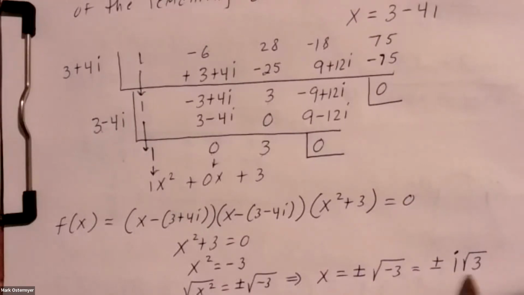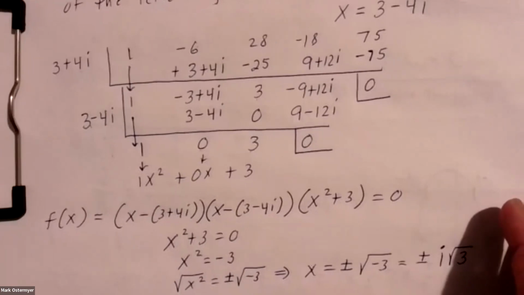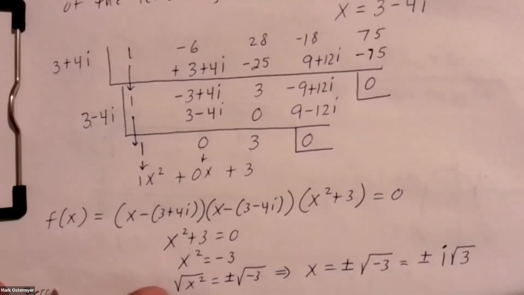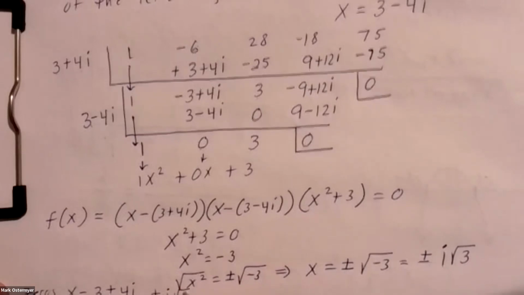They happen to be complex conjugate zeros. So we're done. And so therefore, all of our zeros are going to be what? Well, we found our zeros to be 3 plus or minus 4i. There's 2 of our zeros. And the other 2 zeros happen to be plus or minus i square root of 3.